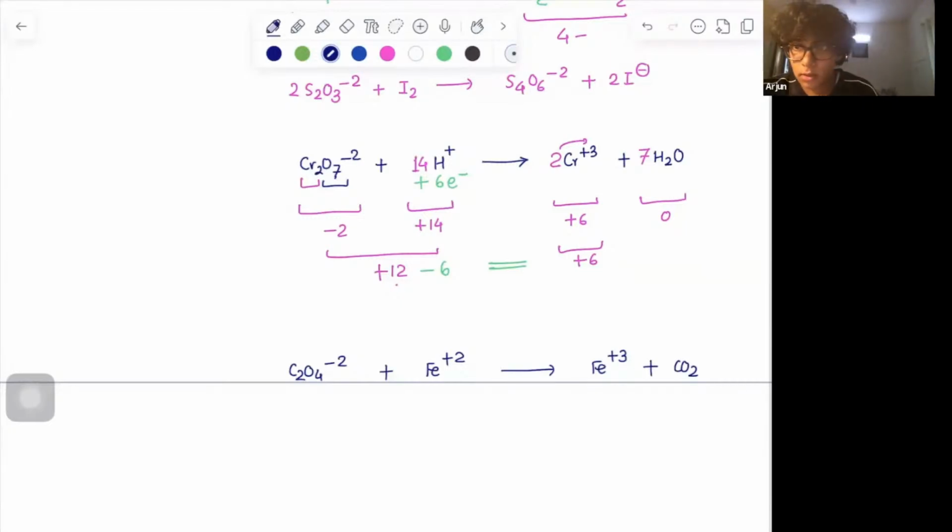Of course, Fe will balance Fe and carbon will balance carbon, then balance O. Yes, Arjun. So it will become 2 CO2 and there will be 3 electrons on the product side.